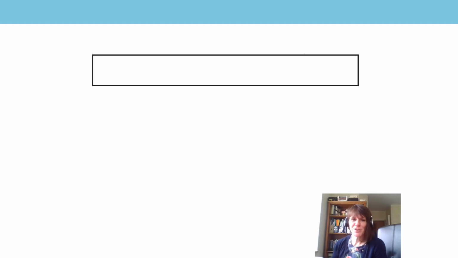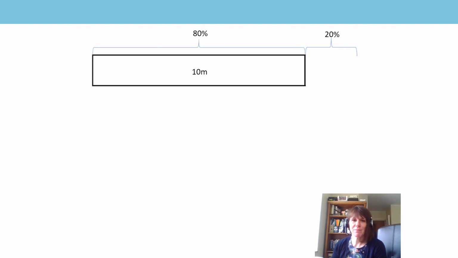So you might have used a different bar model. I'm going to start off with the same one that I did on the previous example. So my original rope has been reduced by 20%, and I'm left with 10 meters, and I know that that represents 80% of the original rope. But because I can see that I've got 80% here, if I divide that by 4, that will equal 20%.